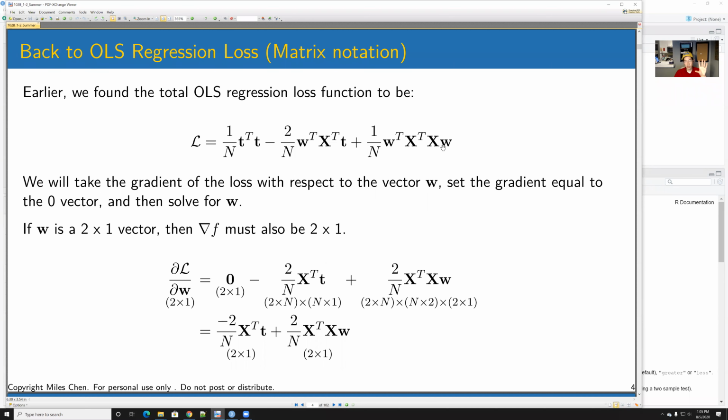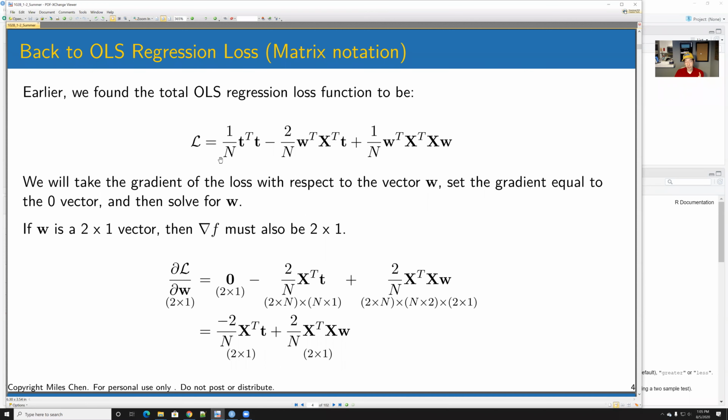And what we want to do is solve for the set of w's that will optimize our loss function. So we want to find the w's that will give us either the largest or the smallest. In our case, we want the smallest loss function, the smallest sum of squared residuals.